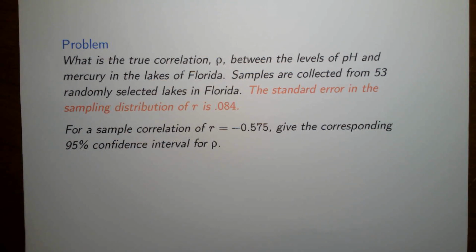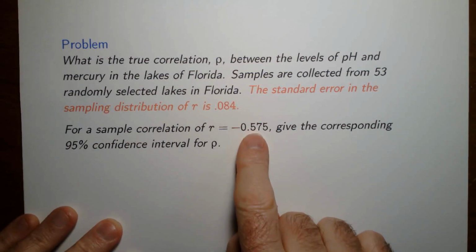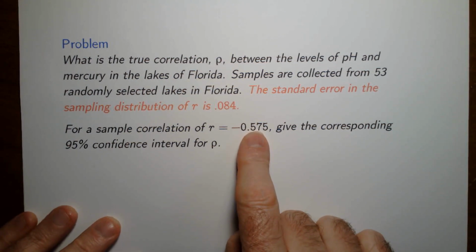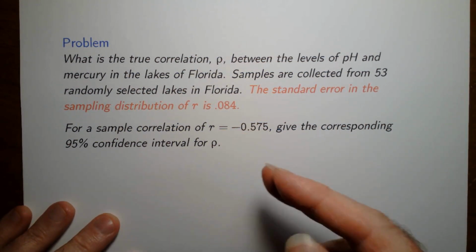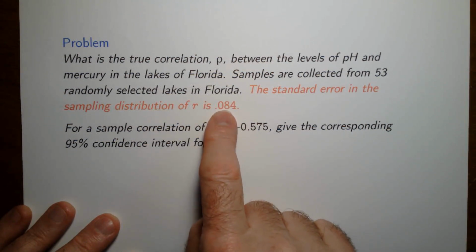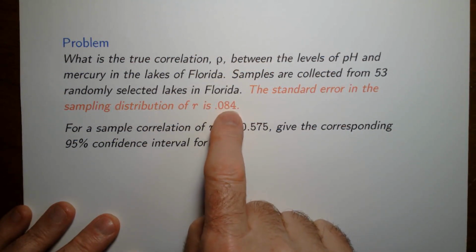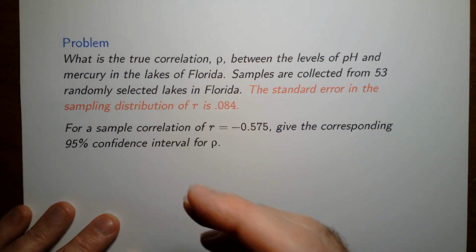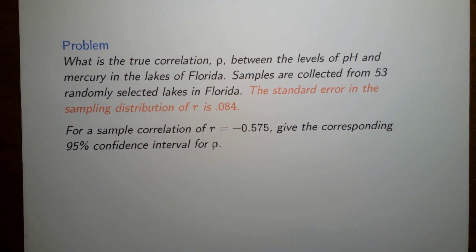Okay, so let's work out the details for finding this confidence interval. Now remember, we've got our sample correlation is negative 0.575. That's going to form the center of our confidence interval. We know that the standard error for the sampling distribution is 0.084, so that'll become part of the margin of error calculation.